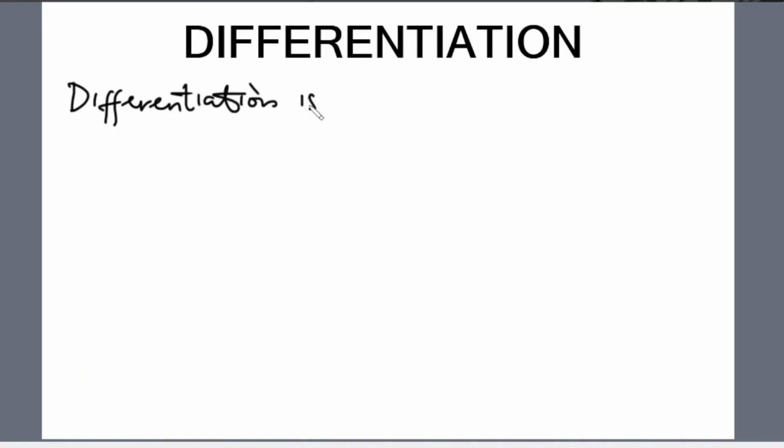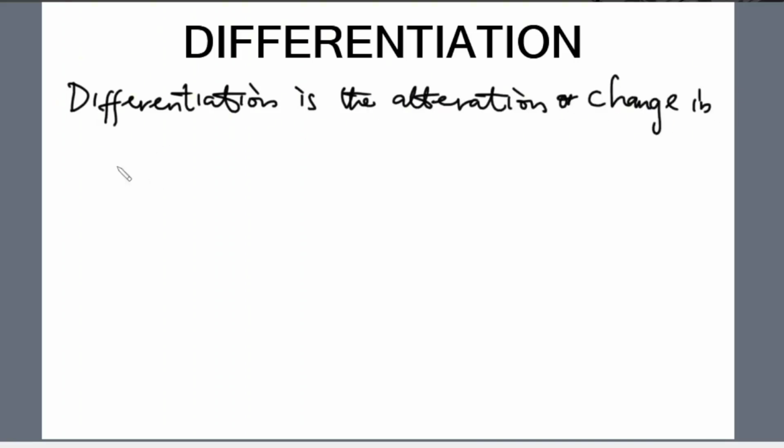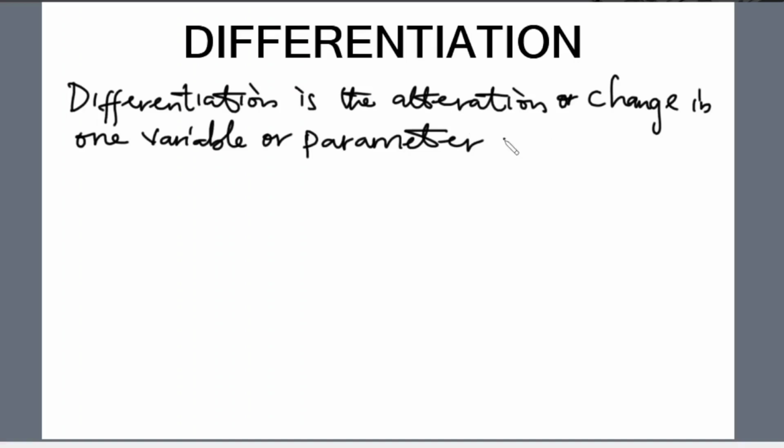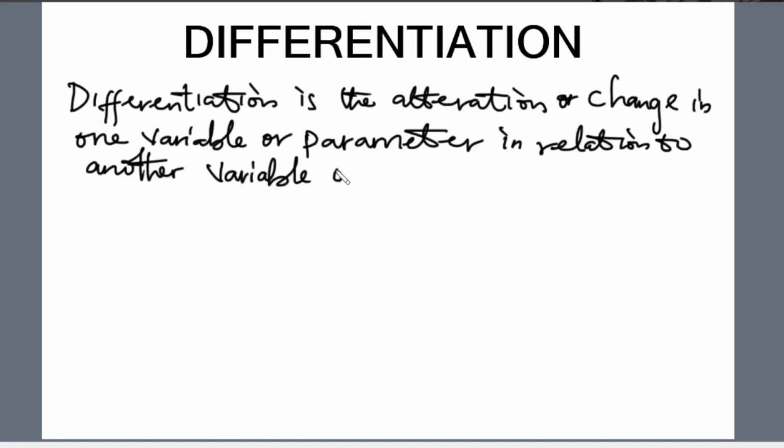Differentiation is the alteration or change in one variable or parameter in relation to another variable or parameter.